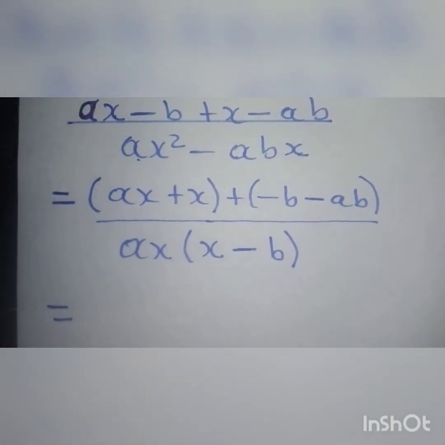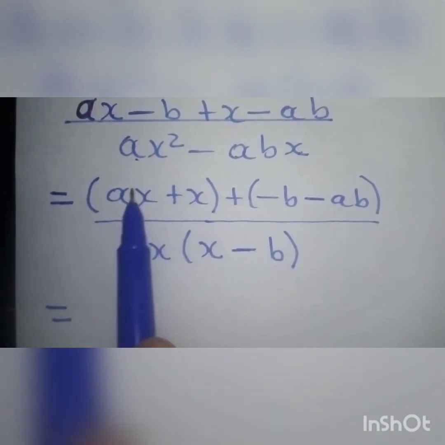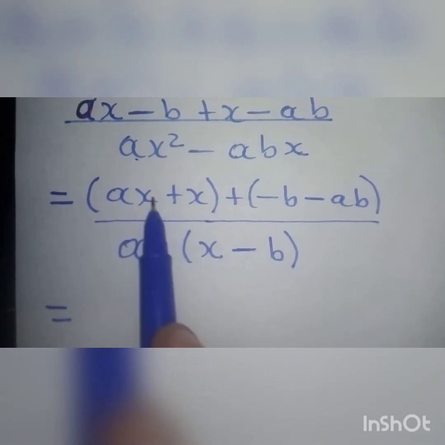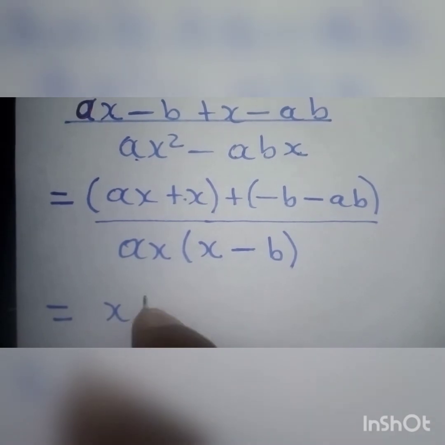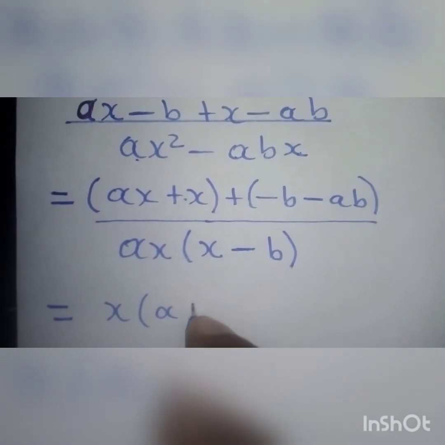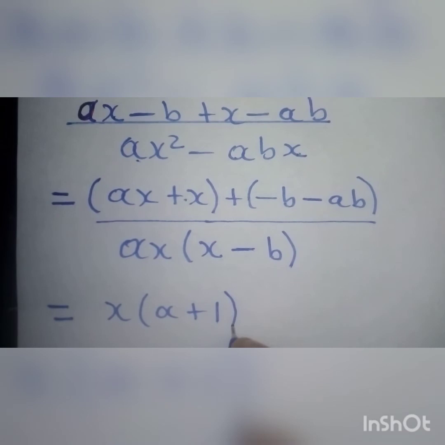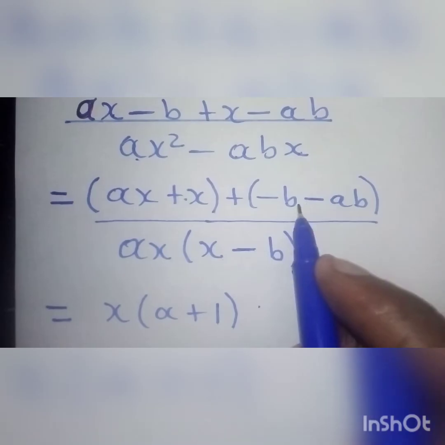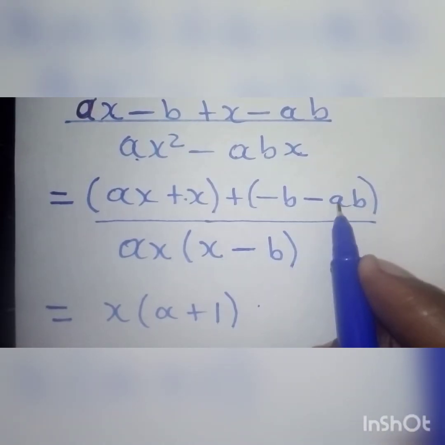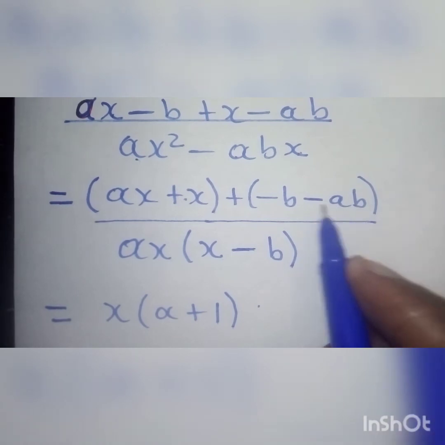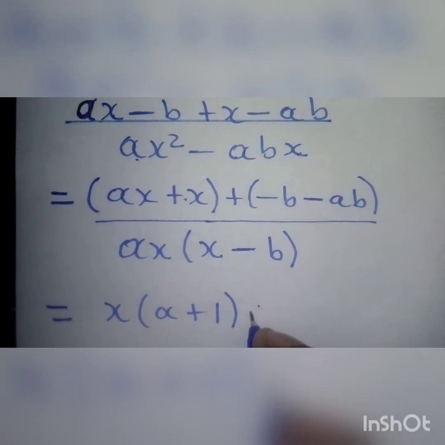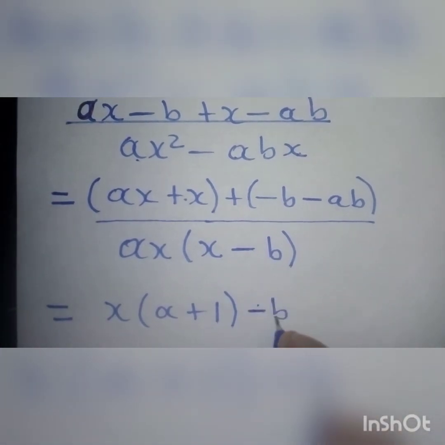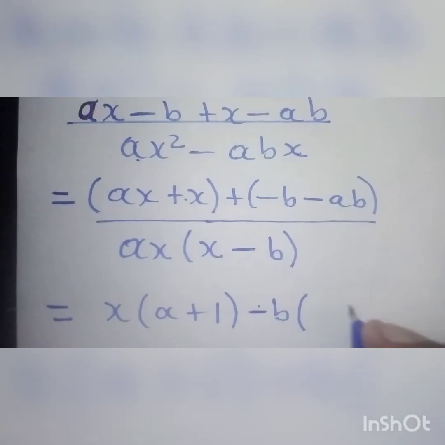So we factorize the first group in the numerator. What is the common factor? Our common factor is x. We take it out and we are left with a plus 1. What is our common factor in the second group? Our common factor is minus b, and minus b multiplied by positive 1 gives me minus b. Then I'm left with 1 plus a.